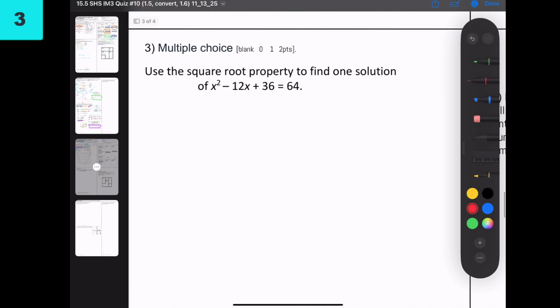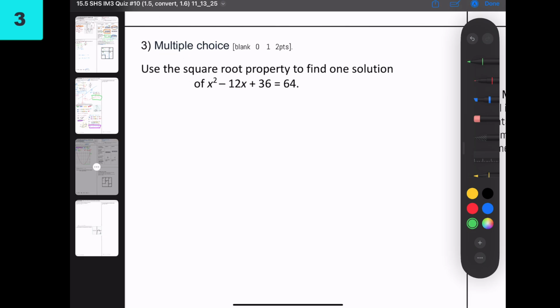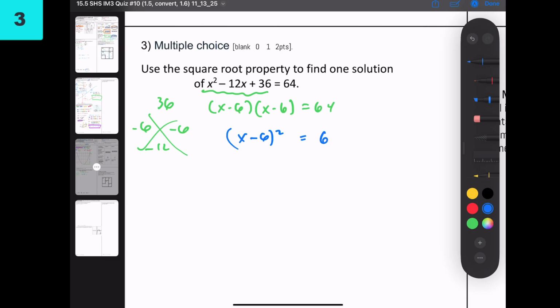Number 3, let's do the square root property. Let's see if we can factor that. We can. So I have x minus 6, x minus 6 equals 64. Put them together. Let's take the square root. Remember, you have to have plus or minus down there.